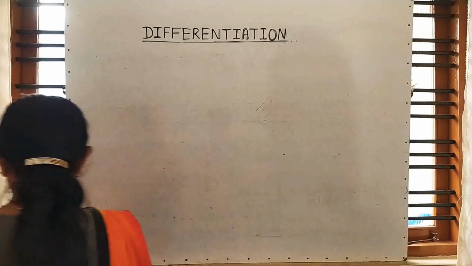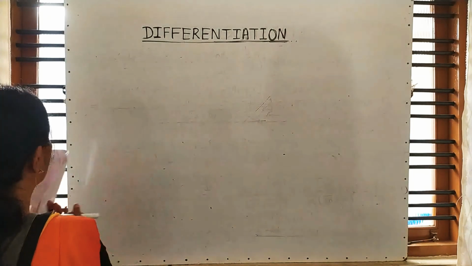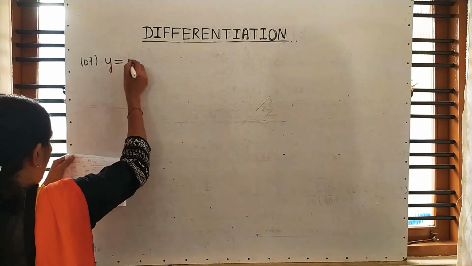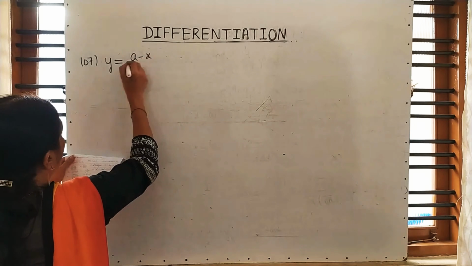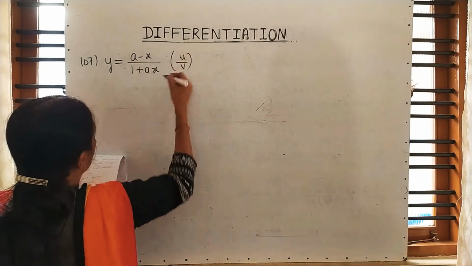Moving to the next question. Question number 107. y is equal to a minus x upon 1 plus ax. This is the u by v method.